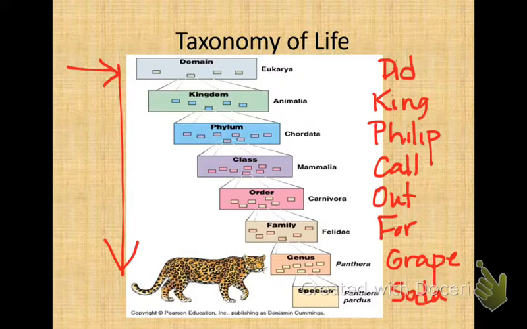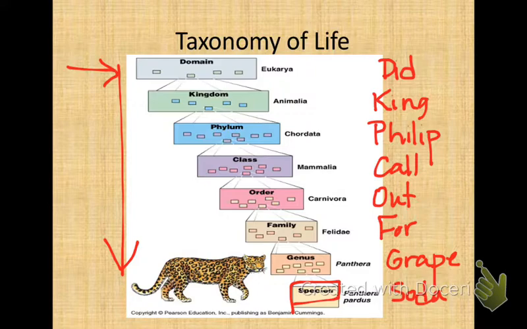Okay, did King Philip call out for grape soda? Domain, kingdom, phylum, class, order, family, genus, species. All right, think of species as specific. Those are very specific organisms. Those are the same type of organism. They are able to breed and produce fertile offspring. Everything else is more of a very general characteristic.